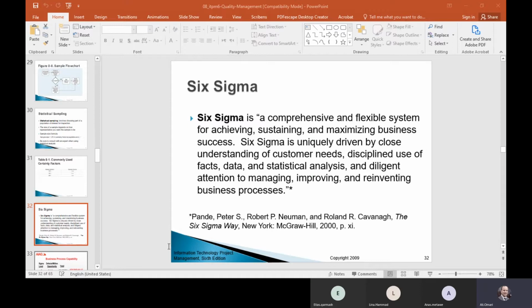So it is a customer focus and disciplined use of facts, data, statistical analysis, and attention to managing, improving, and reinventing business process. Meaning, it is a system based on knowledge, uses data, fact, statistics, and all other means to improve business process.